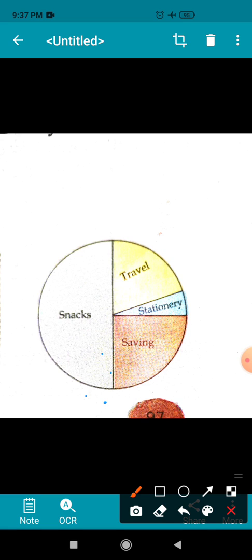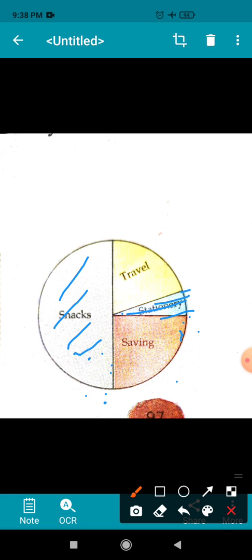Okay, from this graph, it is very clear that the maximum part of the pocket money is spent on snacks because it covers half of the circle, and the least amount of pocket money is spent on stationery because it covers the minimum part of the circle.